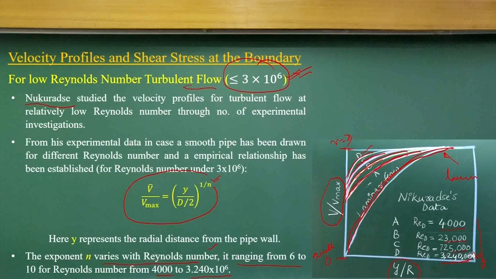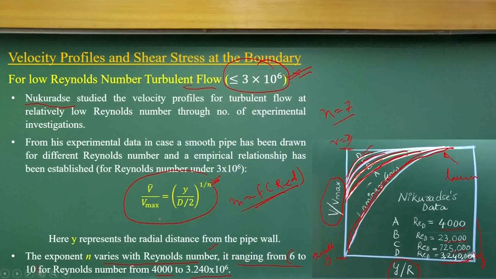So, in this case n varies considerably from 6 to 10. So, this n is a function of the Reynolds number.